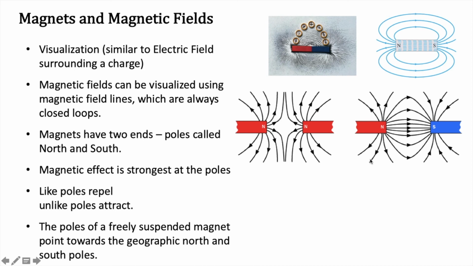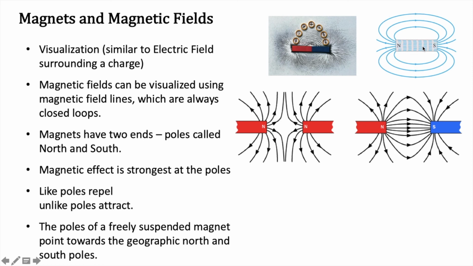However, the main difference is we can have a single positive charge, and the field can just start at the charge and emanate outward to infinity. In terms of magnets, there is no single pole, and hence all field lines that start at the North Pole eventually end up in the South Pole.